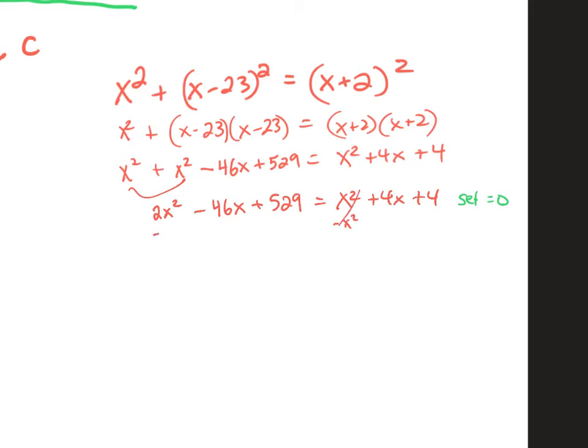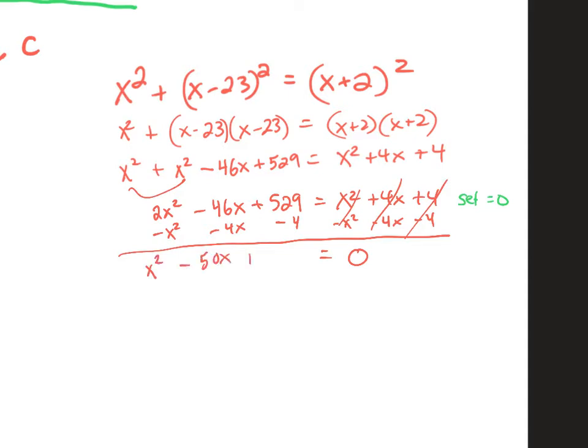So minus x squared. Make sure you do that on both sides. Also minus 4x. Also minus 4. So everything gone from the right. Bring down the equals. We've got 0 over there now. X squared minus 50x plus 525.